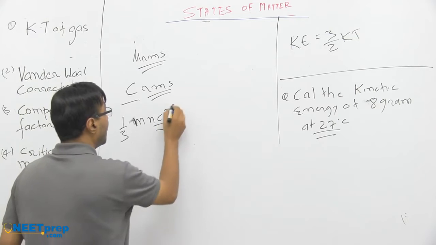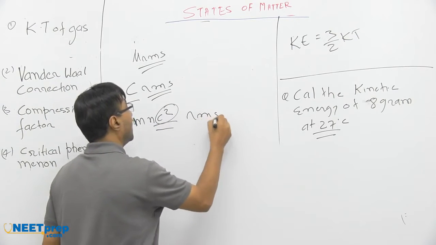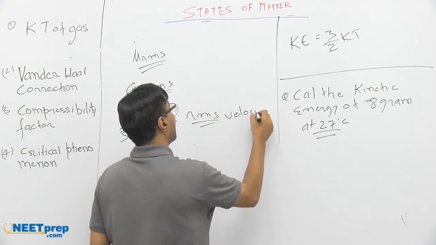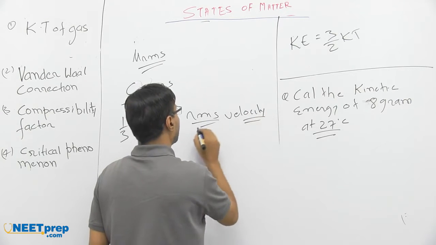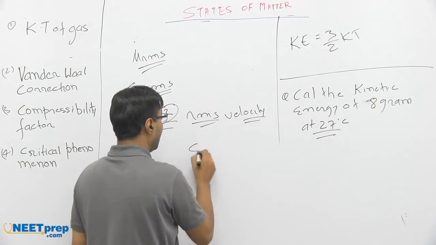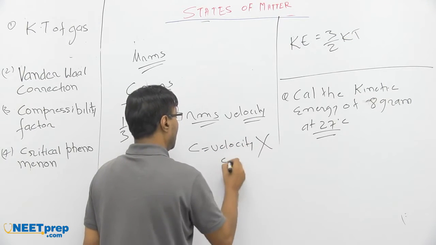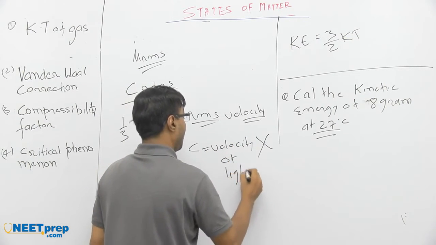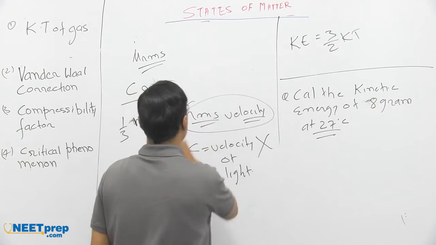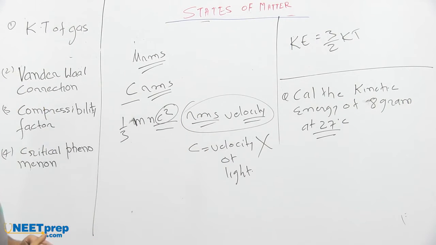This one is the RMS velocity. I think last time I wrote velocity of light, which is wrong. This is the C RMS velocity. So first we need to find out the C RMS velocity of this molecule.